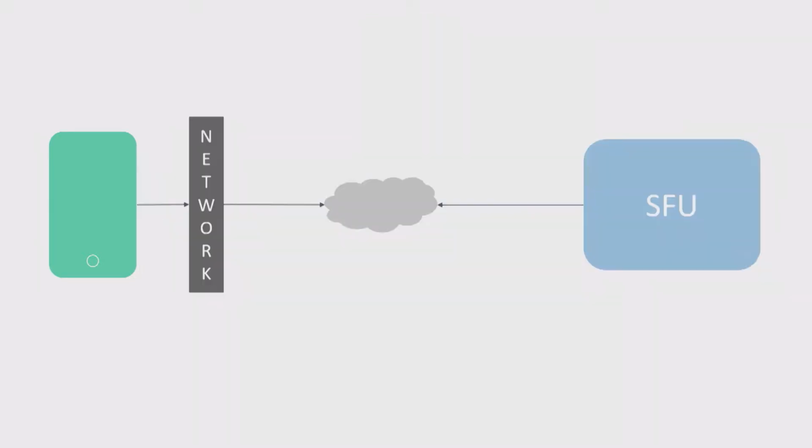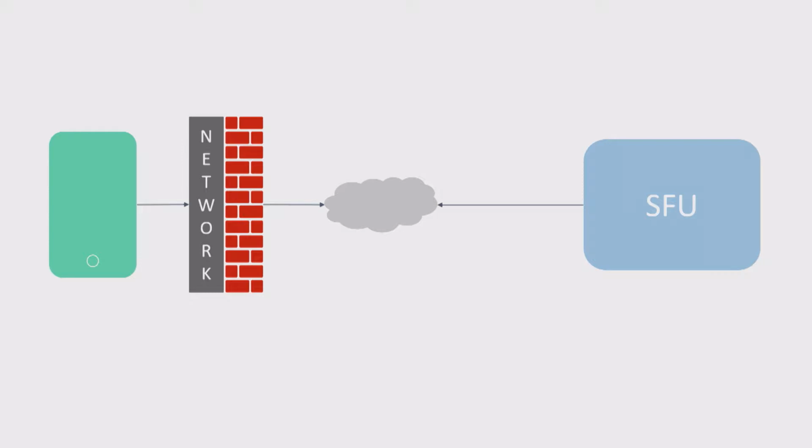In our case, like I said, the SFU acts as a WebRTC peer. We make it such that these servers have public IP and port addresses, which means it's really easy to connect to them. However, we don't control the other side of the internet, where our clients obviously are behind some network, and there are NATs and firewalls. In this context, sometimes they're not accessible directly through their IP and port addresses.